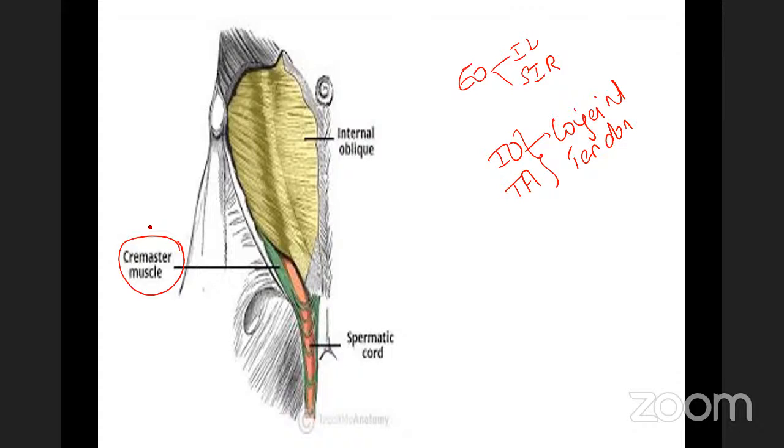Some authors say that the cremaster muscle is a detached part of the internal oblique muscle. Some authors say that the cremaster muscle is formed by both internal oblique and transversus abdominis. Now what we will see is that the cremaster muscle is in the form of a U-shaped sling. It is formed by the superficial anterolateral set and the deep posteromedial set.